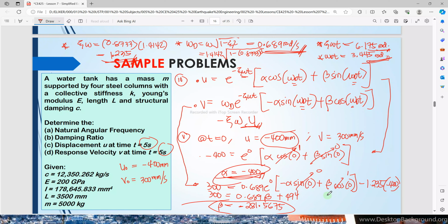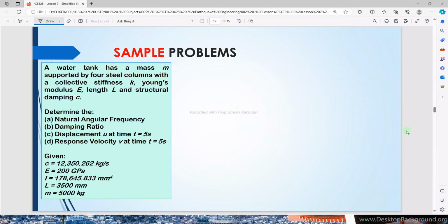Then we can substitute this sa equation of motion. Okay. Let's continue. So we have our u is equal to e to the negative psi omega t times alpha cosine omega dt plus beta sine omega dt.